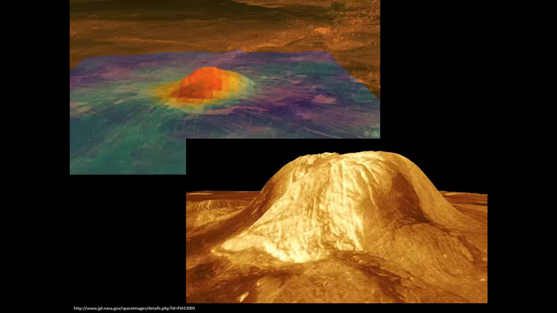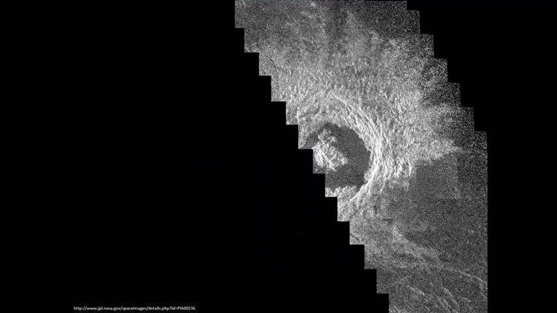This is one of those volcanoes that is on the surface of Venus. And the second surface feature I'm going to show you is a crater. This is a radar image of a crater on Venus, which is an interesting feature to have. And you think about how craters are made. They're made by something from outer space hitting the surface of the planet.